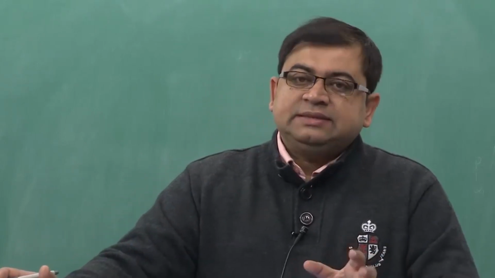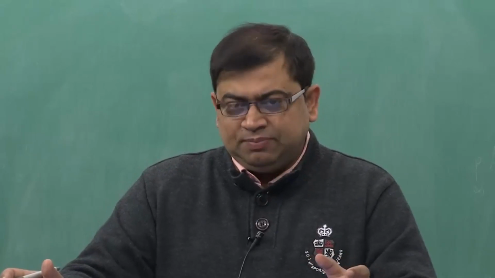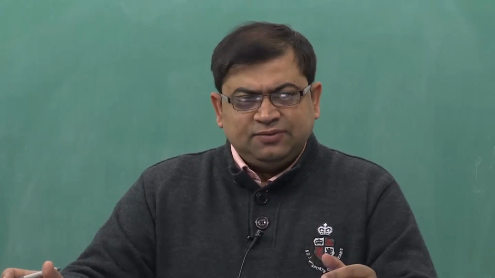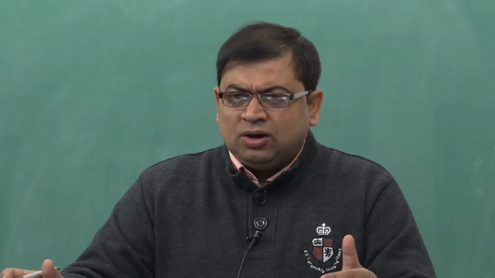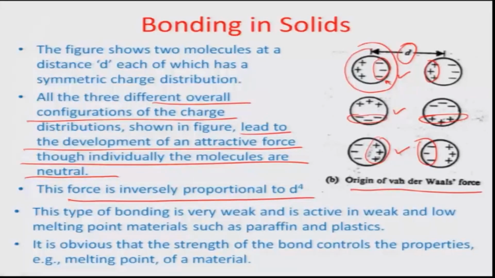So, there are going to be these dipole formations in such atomic systems, and what people have observed is that if this is really the cause of the bonding, the force varies inversely to the distance to the power of 4 between such atomic systems, and therefore, this bonding is very weak. As the distance goes slightly away, the reduction of the force is substantial.